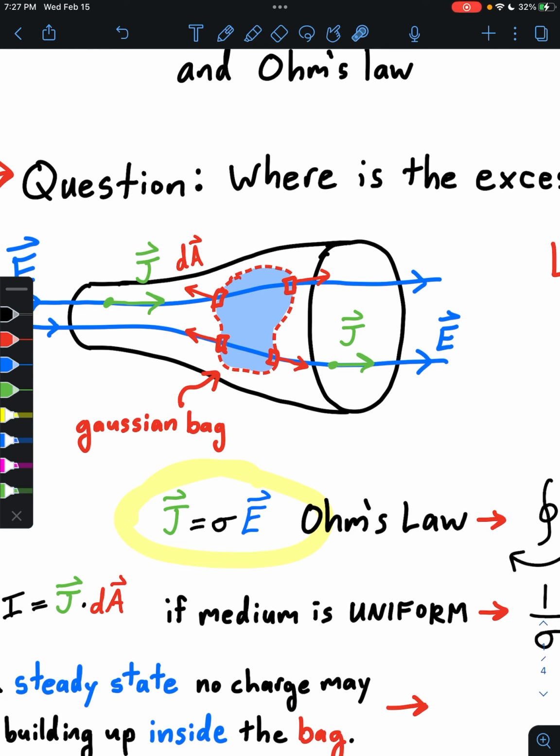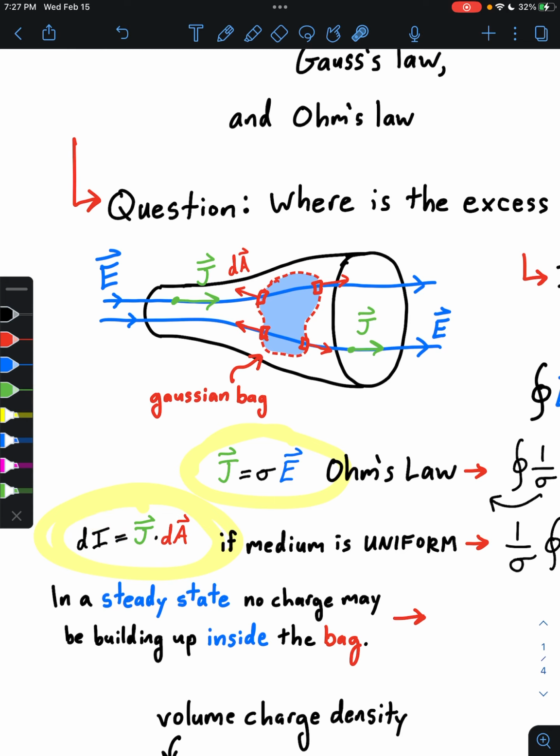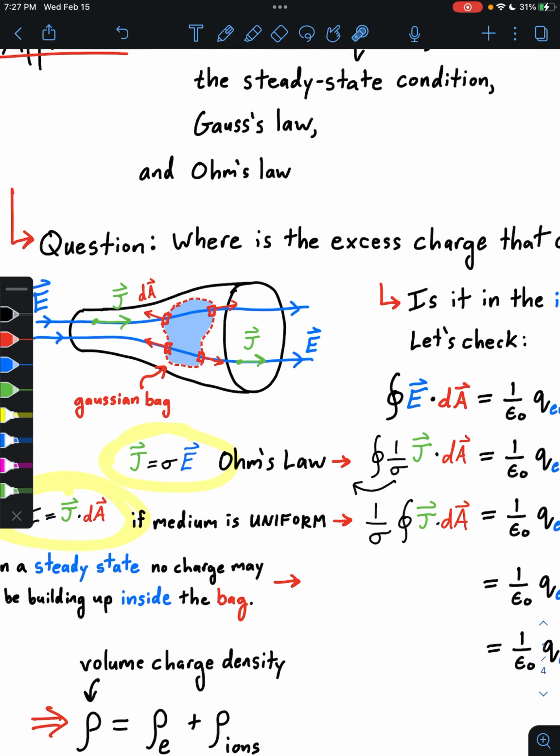Since by definition, a tiny amount of current passing through some tiny patch is related to the current density vector at that point, like so. So this closed surface integral then becomes the sum of all the current entering the bag and all the current exiting the bag.